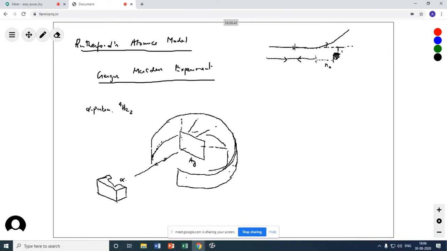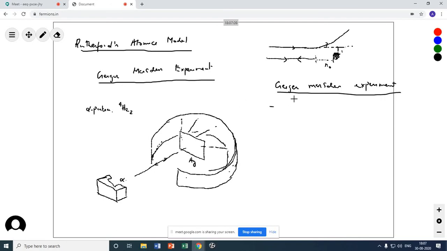Now this was observed. So what are the observations of the Geiger-Marsden experiment? The Geiger-Marsden experiment was carried out. It consists of what?